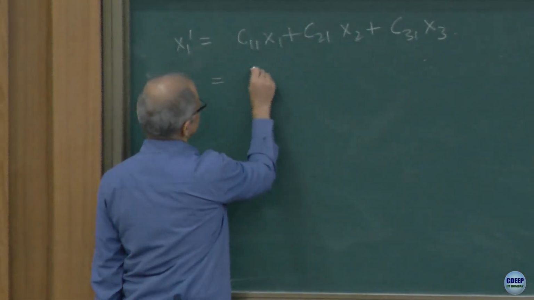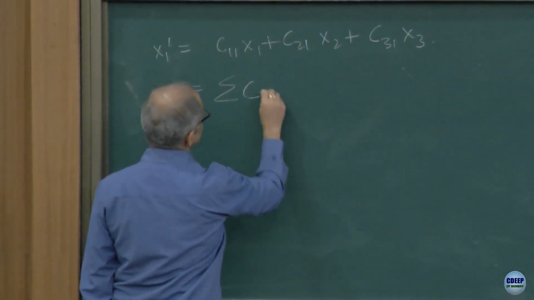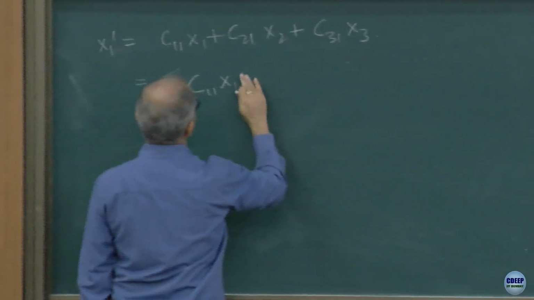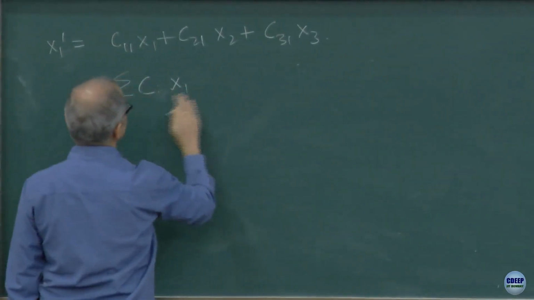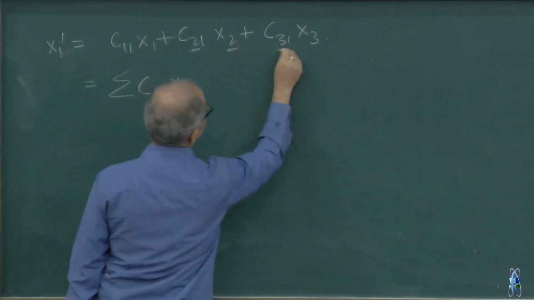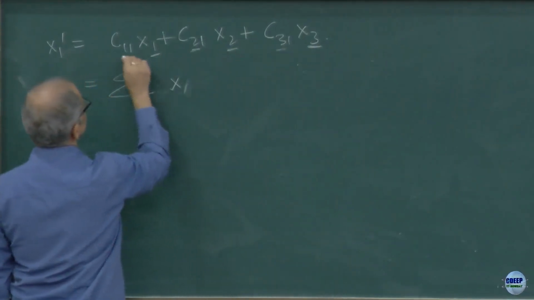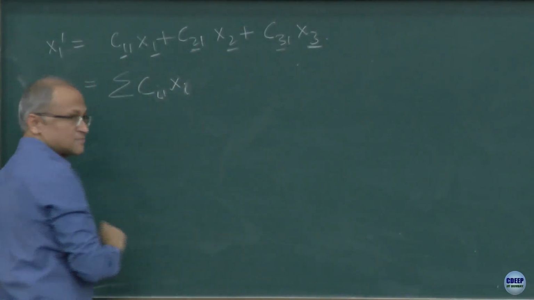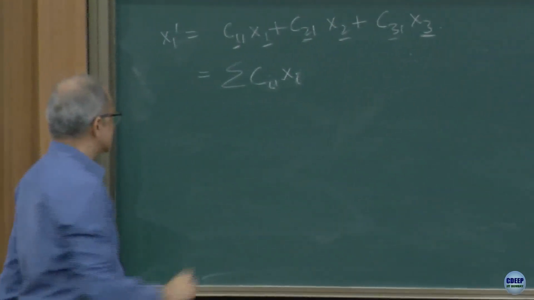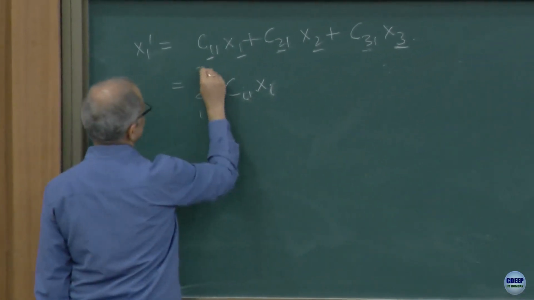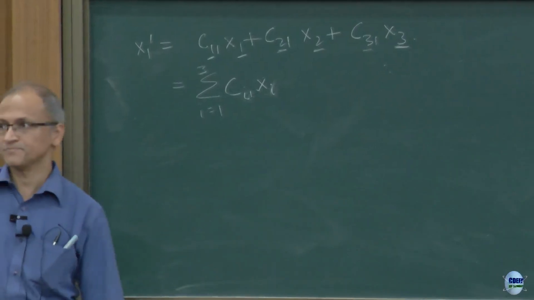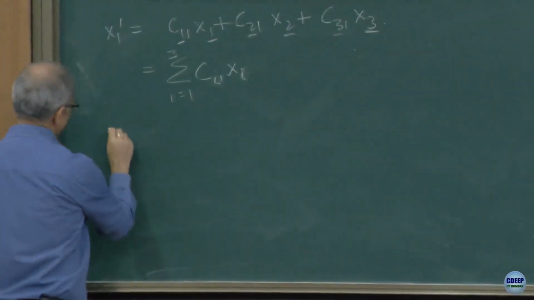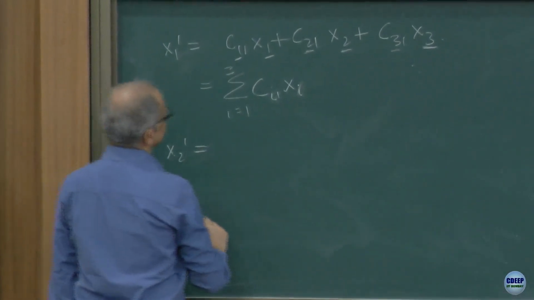So you can see if I have to write out this equation in a more generic form, I can write it out as C1 X1, sorry. You can see that this subscript is common, so I can write it as Ci1 Xi, and this i is going from 1 to 3. Right? Now similarly, how will I write out the second equation?